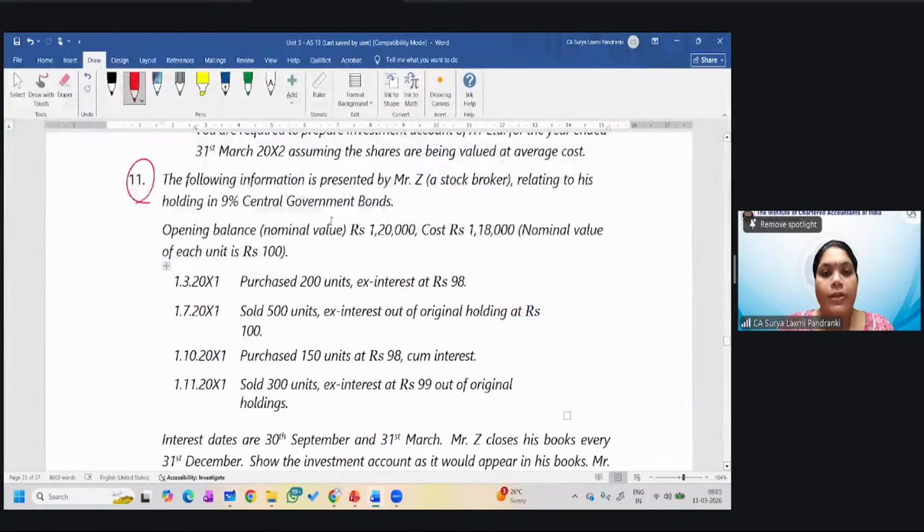Now look at this question. The following is the information presented by Mr. Z, a stockbroker, relating to his holding in 9% central government bonds. The opening balance is 1,20,000 nominal value, purchased for 1,18,000, which is the cost. They also told you the nominal value of each bond.